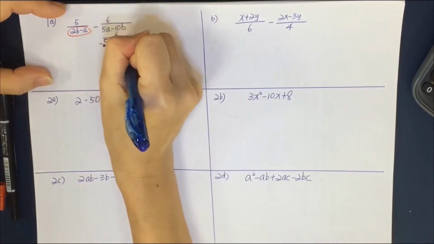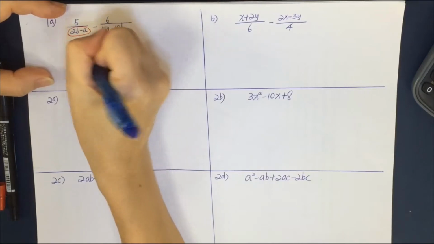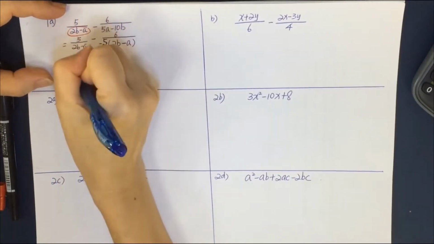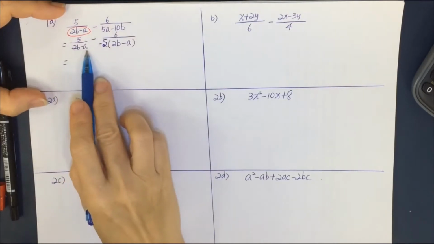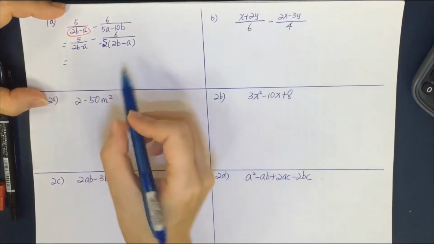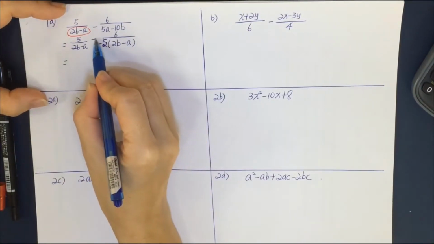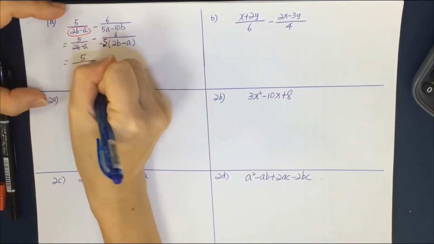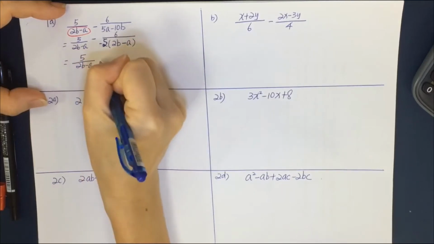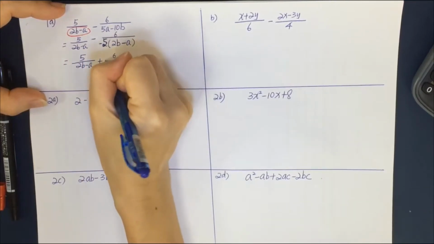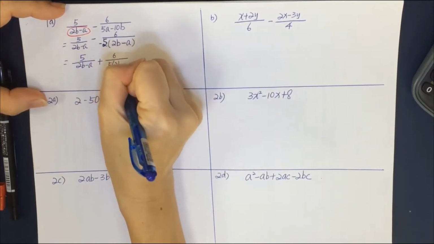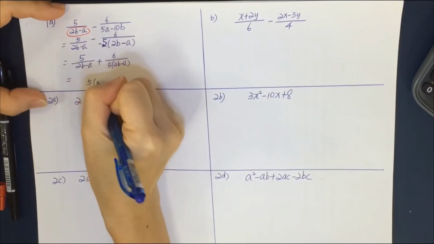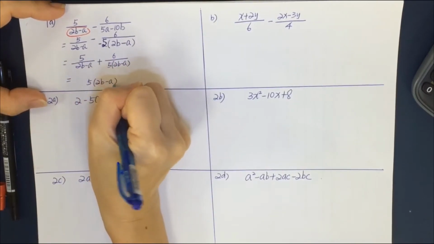Now, why I do this is because you can see that the denominator here is 2b minus a, and this is 5 times 2b minus a. So if I take this negative and multiply with this negative here, I get 5 over 2b minus a plus 6 over 5 times 2b minus a. So the common denominator is 5 times 2b minus a.